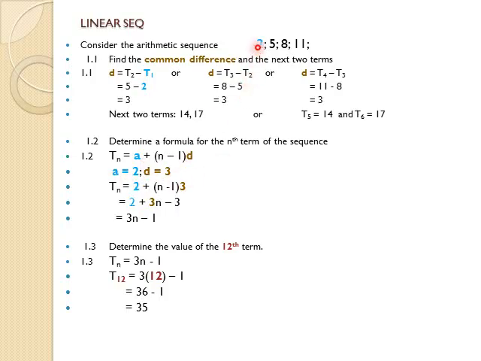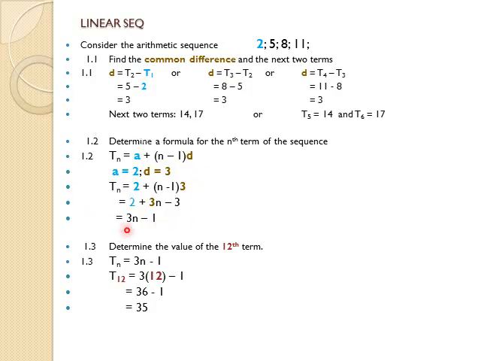So as you can see there, a is 2 and d we solved is equal to 3. So in the place of a, I substitute the 2. In place of d, I substitute 3. 3 times n gives me 3n. 3 times minus 1 gives me negative 3. 2 minus 3 would give me minus 1. So my formula simply is 3n minus 1.